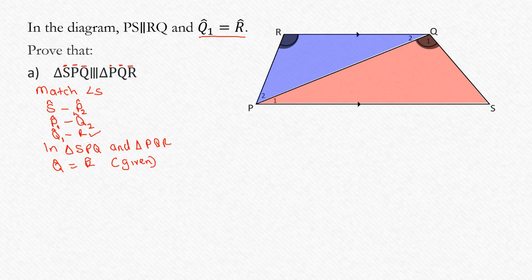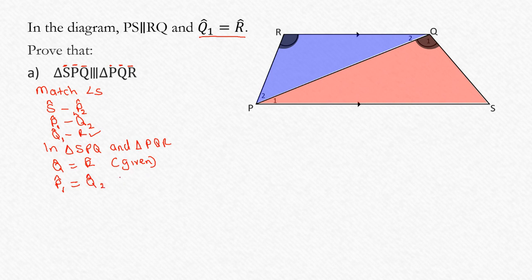Then we go to which other pair is equal. I can say in triangle SPQ, P1 is equal to Q2. Why are they equal?